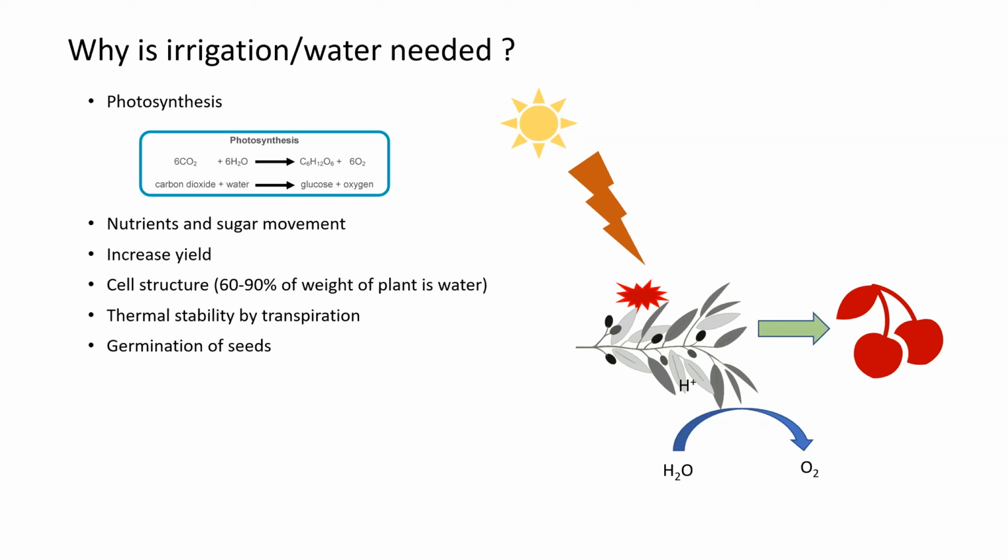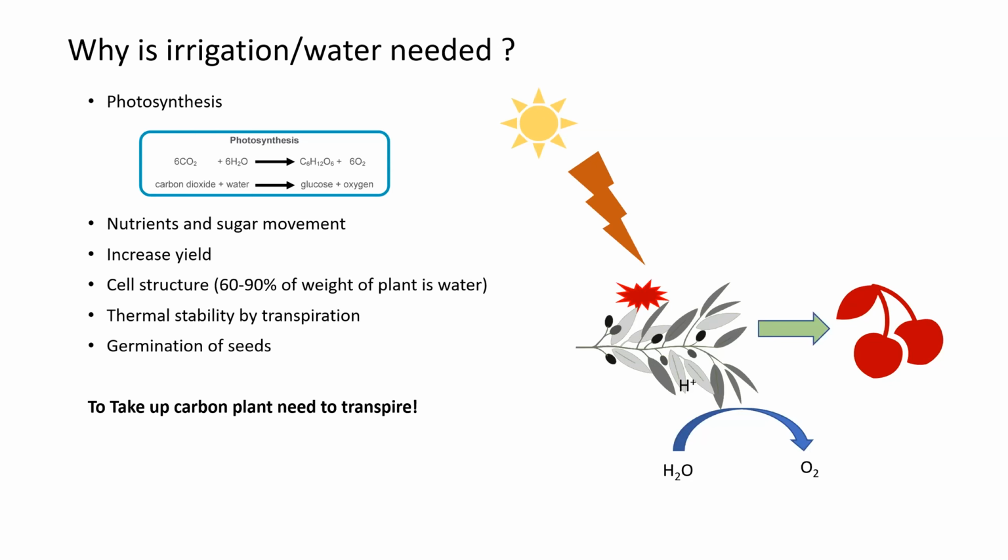So water is needed for photosynthesis and to make food, for movement of nutrients and sugar inside the plant. It increases the yield. Plants also have a water requirement in themselves, so we need to accomplish that. Also the thermal stability and germination of seeds.